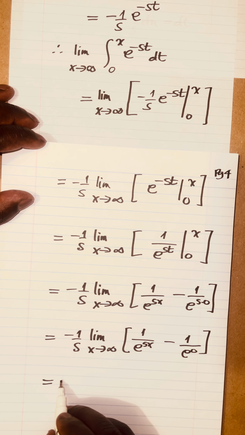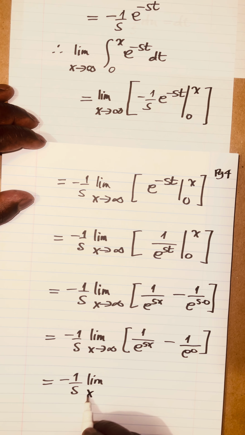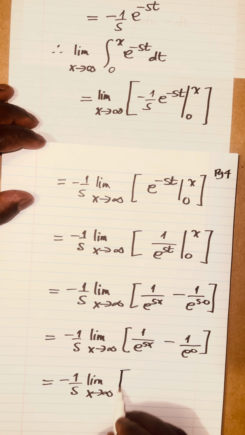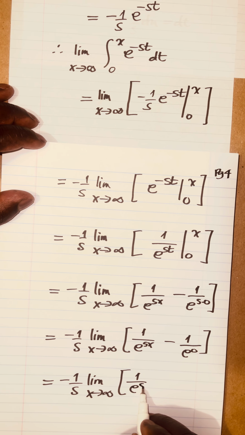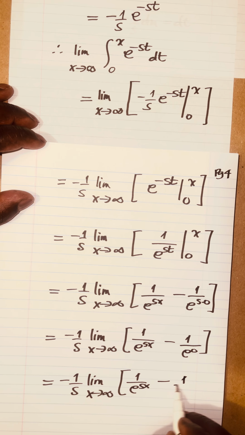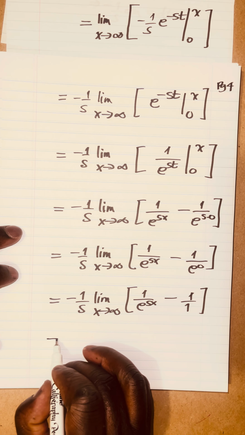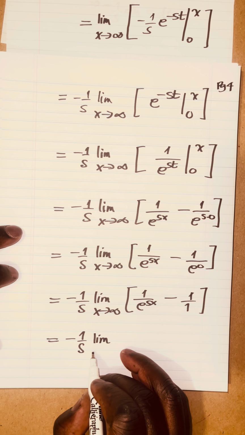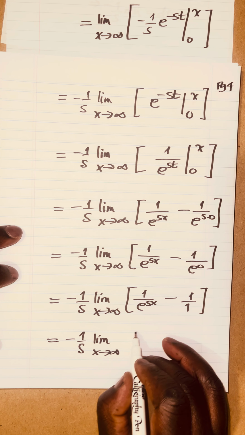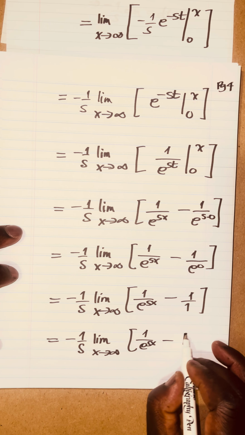Since e to the power 0 is 1, it simplifies to minus 1 over s times the limit as x approaches infinity of 1 over e to the power sx minus 1.